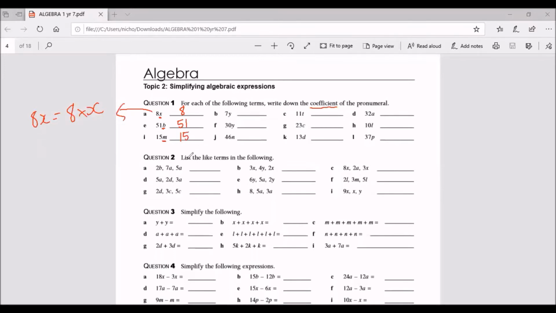So now we want to list the like terms in the following. So what are like terms? Like terms have the same pronumeral.